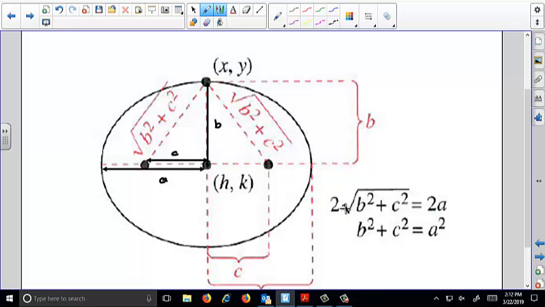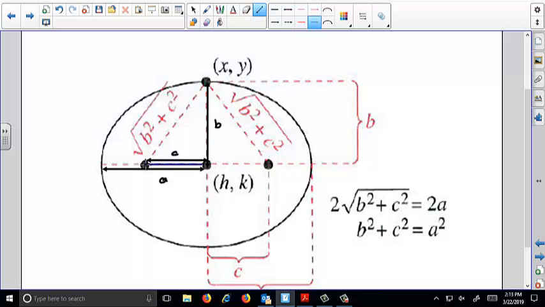So they're showing that 2 times the square root of A squared plus B squared equals 2A. So what would happen is, you can think about this general case at any point on the ellipse. You can also look at the specific case where it's aligned.